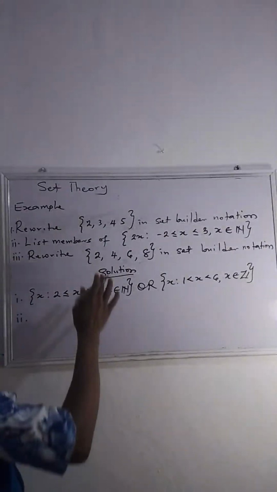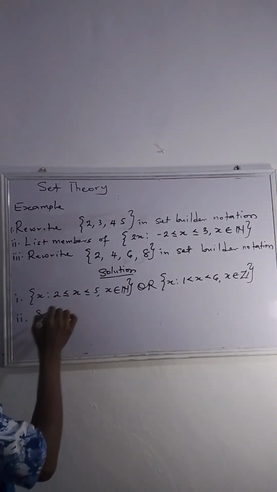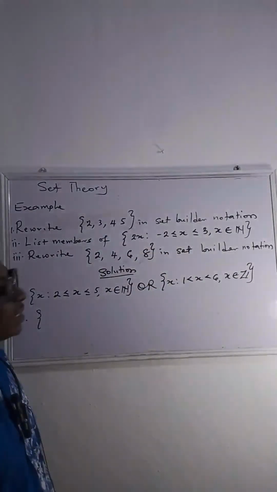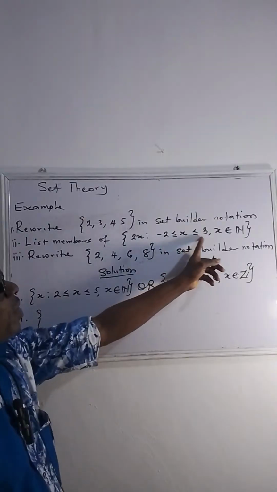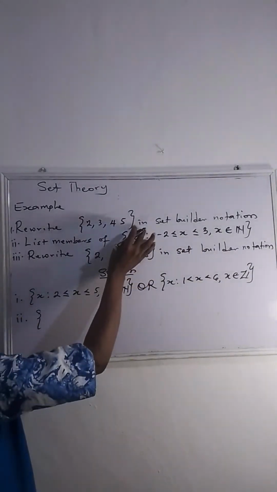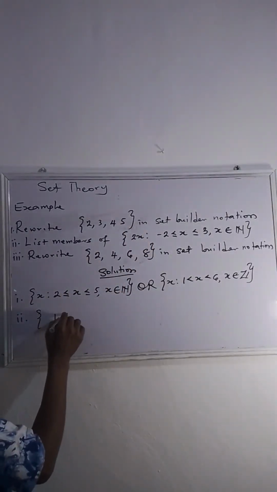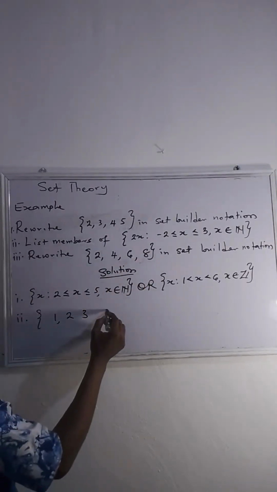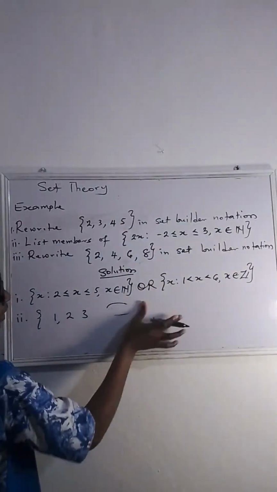Now let's look at what we have here. This is a set of 2x such that minus 2 is less than x, less than or equals to 3. If you are to list members of this set, without the 2, we have 1, 2, and 3. You are not going to list minus 2 and minus 1 because we are interested in natural numbers.